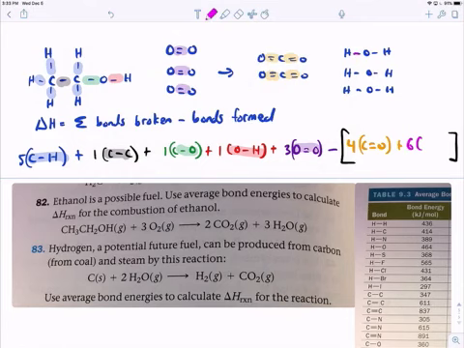Oh wait, I already have it. I already picked one for red.